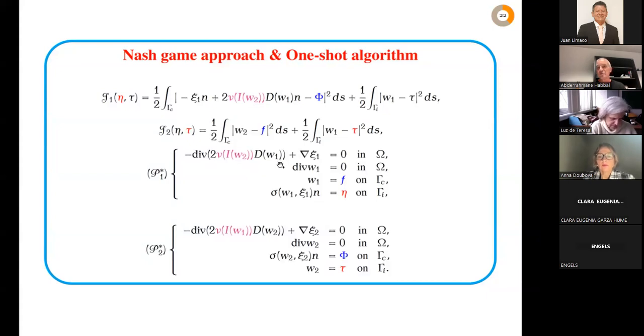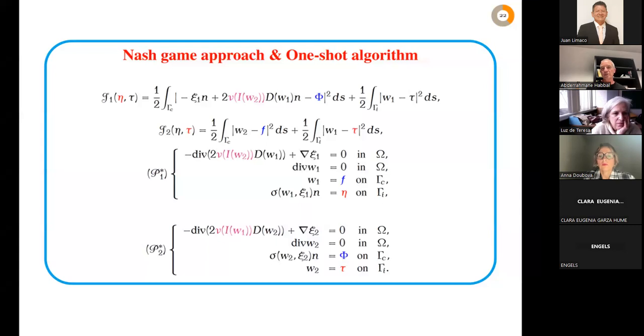So with respect to W1, this is a linear Stokes equation. And with respect to W2, this is a linear Stokes equation. And when we put this into iterative algorithms, we will have the previous W2 here and the previous W1 here. And so the problem is then completely a linear problem.